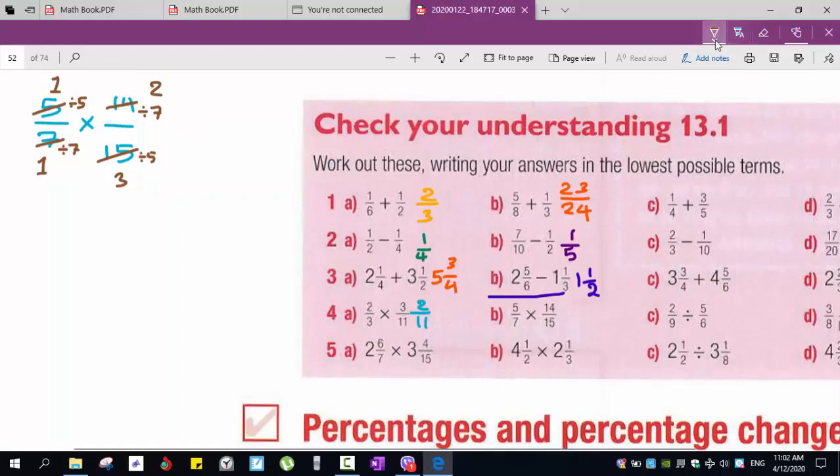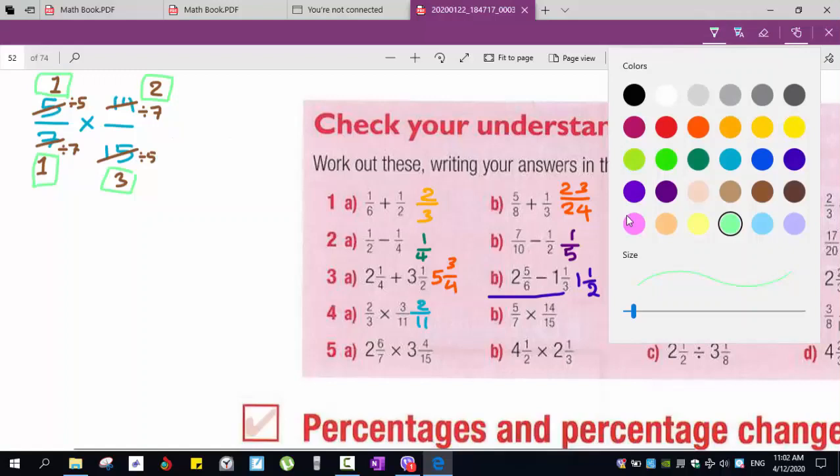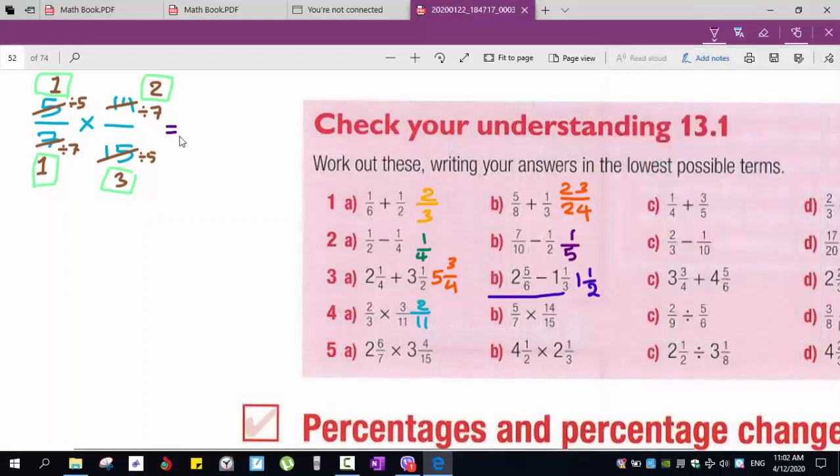Now we have only these numbers to multiply by each other: 1 times 2 and then 1 times 3. It's better to box the final numbers so you don't mix up. Here 1 times 2 is 2, 1 times 3 is 3. 2 over 3 is the final answer of question 4b.